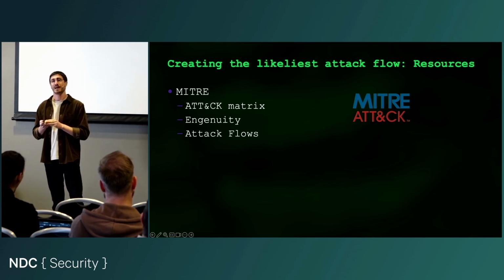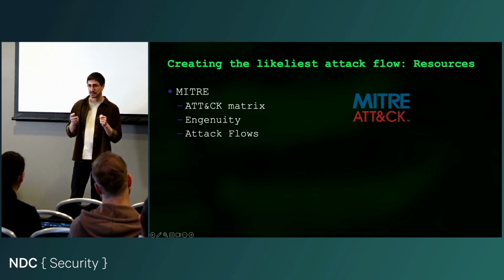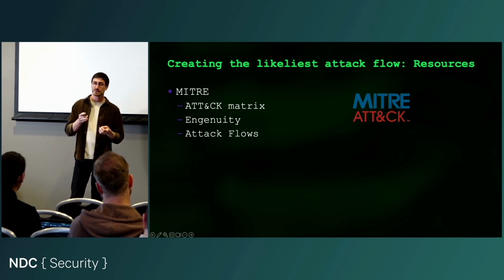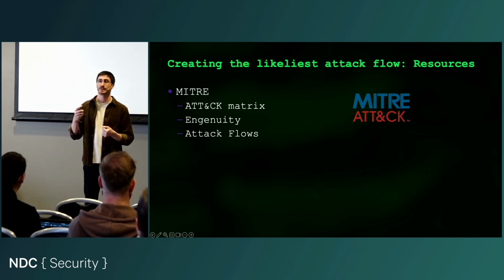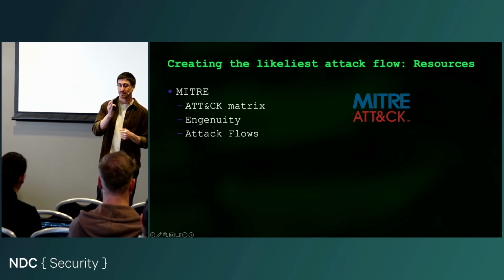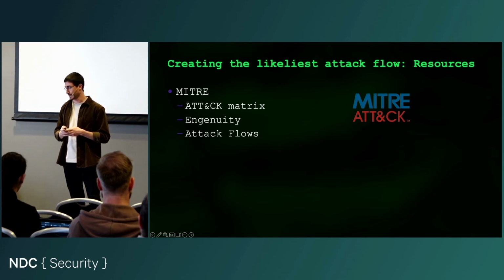MITRE has different projects. One of them is the ATT&CK Matrix. We will see an example for it later, but it is a taxonomy that MITRE came up with that shows step-by-step, and tries to generalize and give names to, the techniques used in a breach, starting from the initial access and going on until there's some impact on the network.